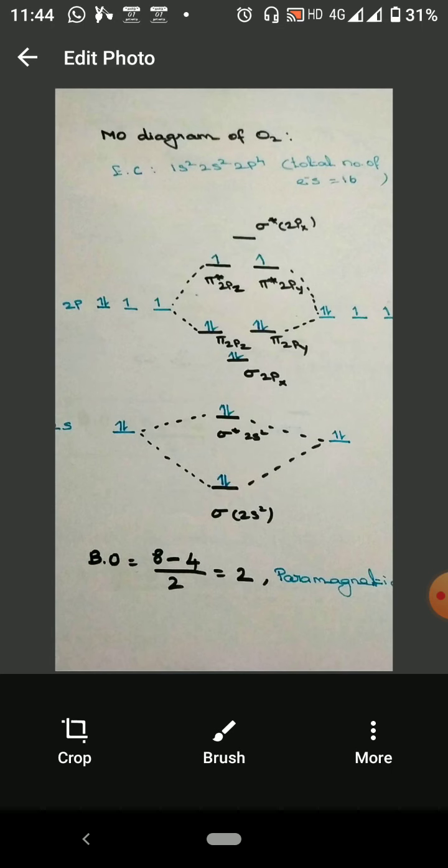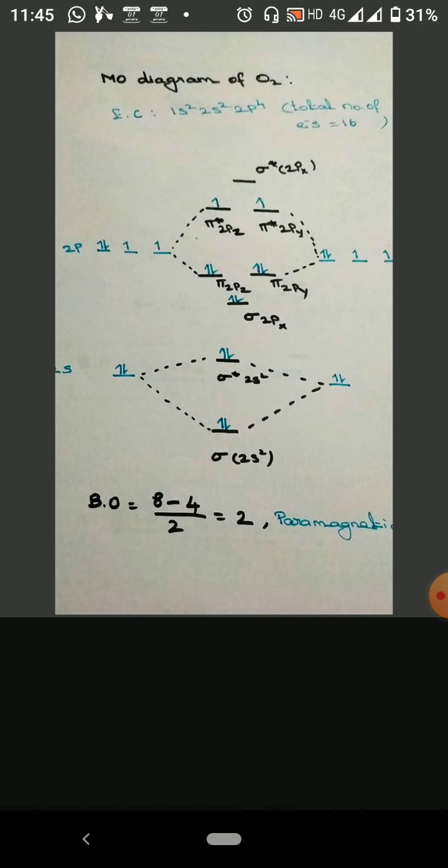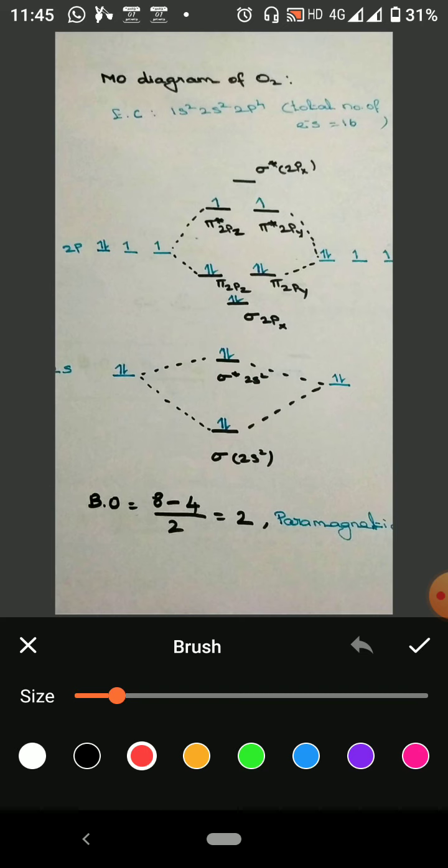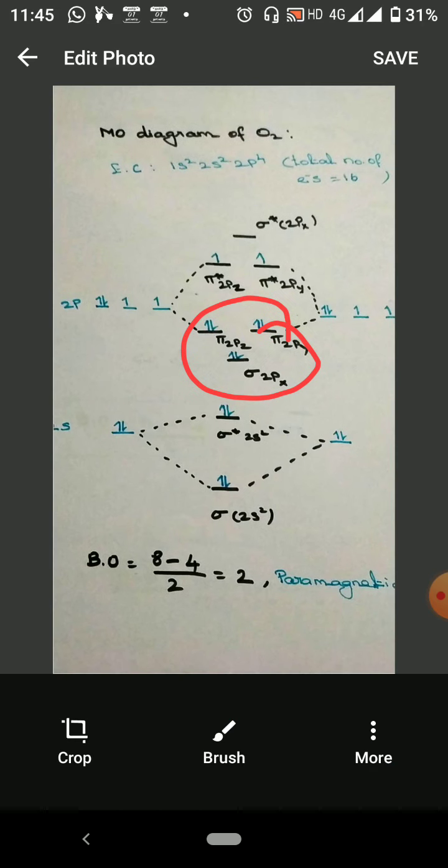According to the arrangement of electrons, first we fill the 2s orbitals, then we move to the 2p orbitals. Here, because the total number of electrons is greater than 14, first we fill the electrons in the sigma orbital, and only then in the pi orbitals.